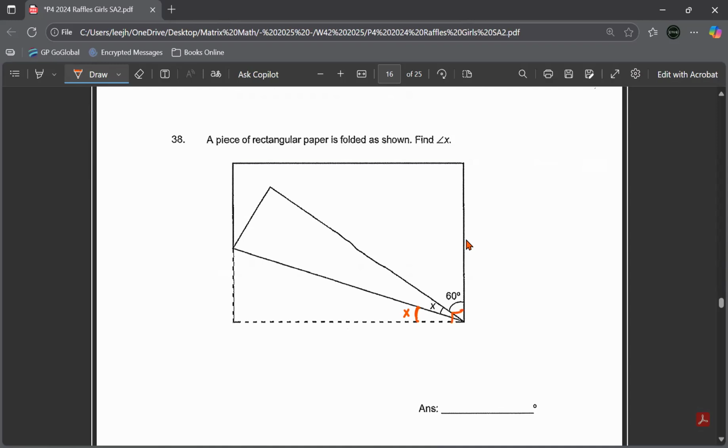So I have 60 degrees here. I take 90 minus 60 first, which is 30 degrees. So 2X is 30 degrees. How to find 1? So take 30 divided by 2. Answer 15 degrees.